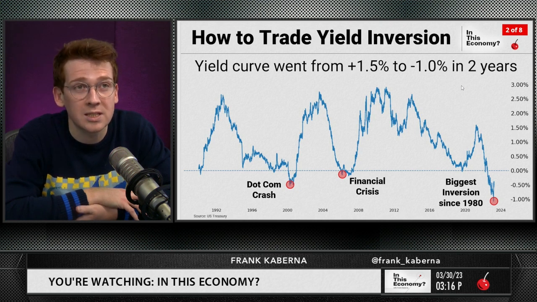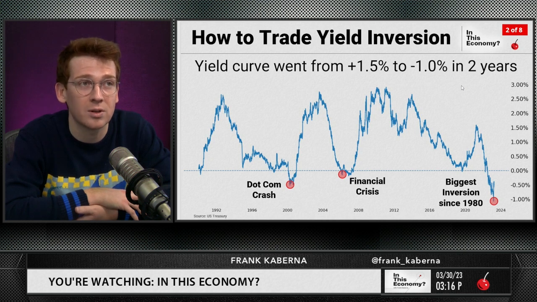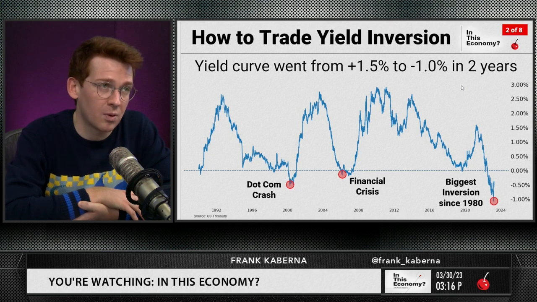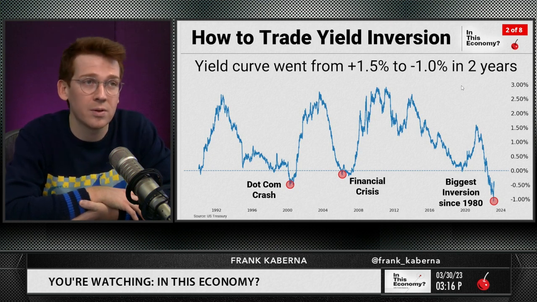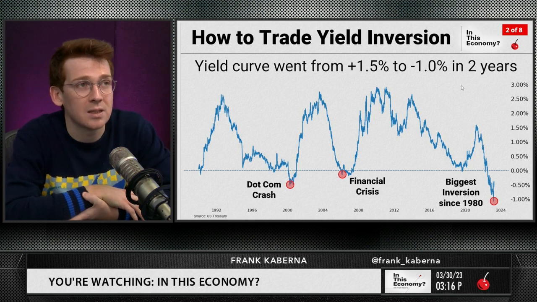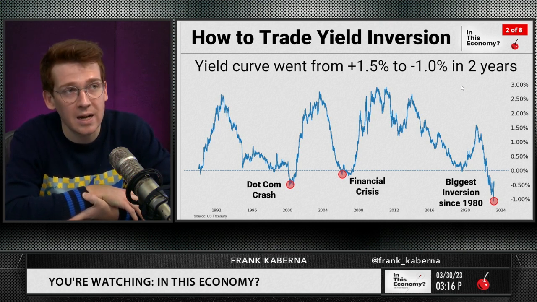You will see that we have blipped into inversion territory a few other times outside of right before the dot-com crash and right before the financial crisis. There we saw these blips in the early 90s, the mid to late 90s.